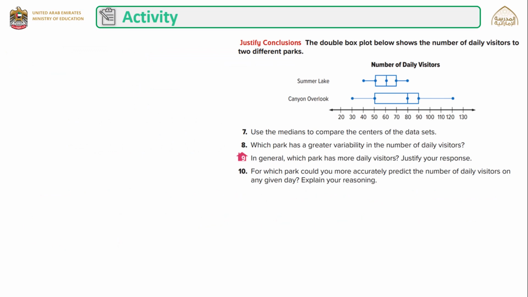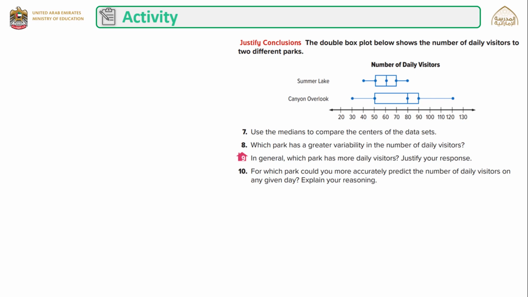Activity. The double box plot shows the number of daily visitors for two different parks. Use the medians to compare the centers of the dataset. Which park has a greater variability in the number of daily visitors?